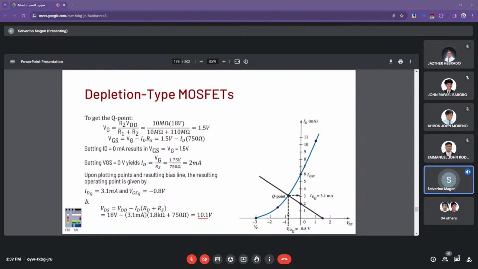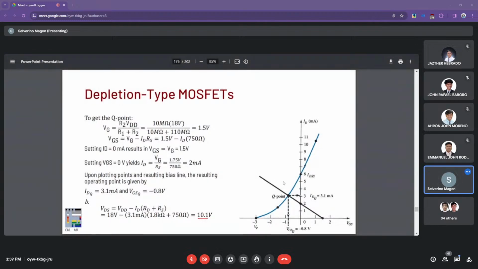This is another equation, VGS at this point, ID is equal to VG at this point. So you have the straight line at this point.